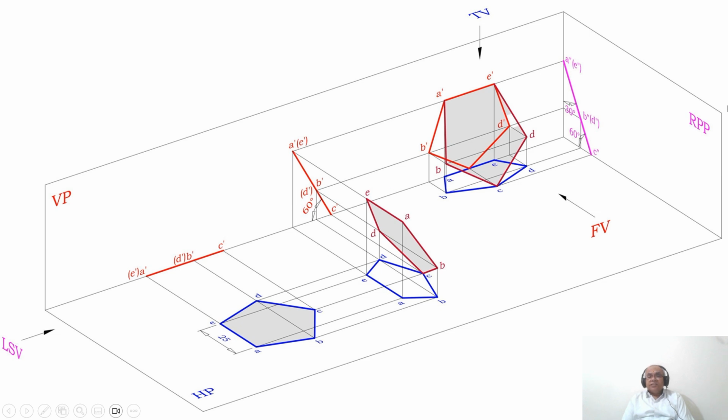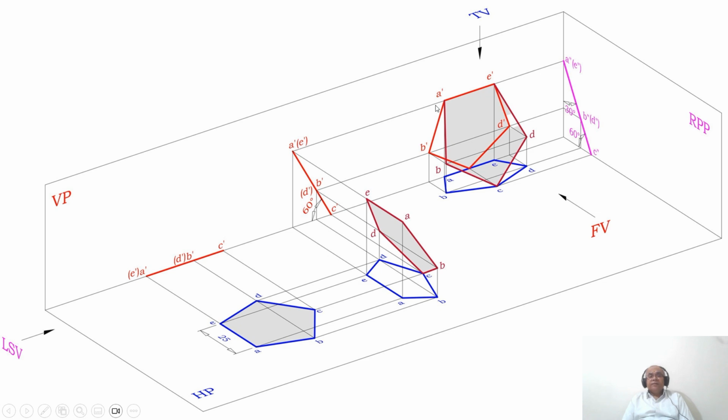As you look from the left side, since this is the right profile plane, A, B and C are visible. That means A double dash, B double dash and C double dash are visible. B dash D dash is away from the observer, so D double dash becomes invisible. Therefore, you keep D double dash in brackets.